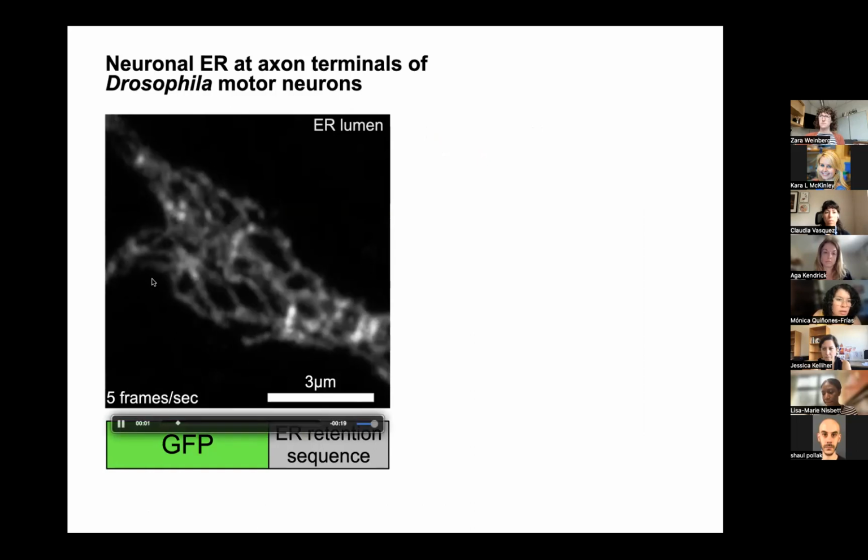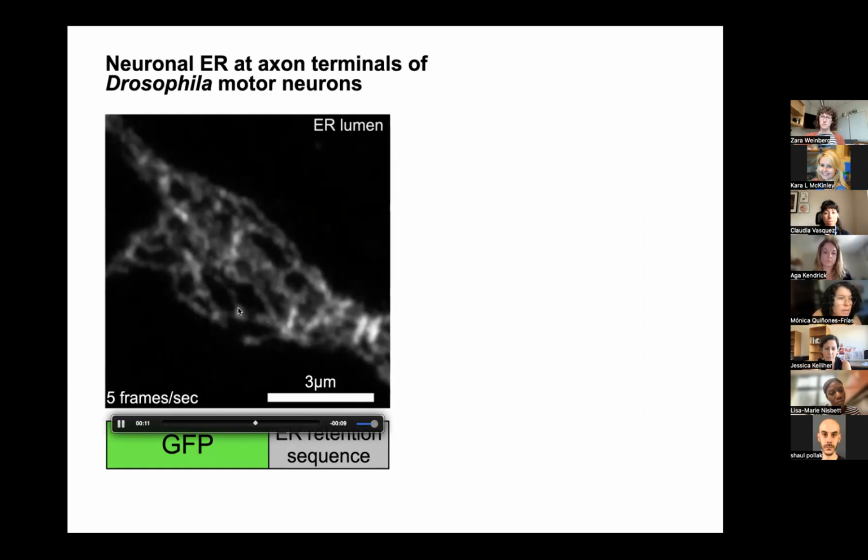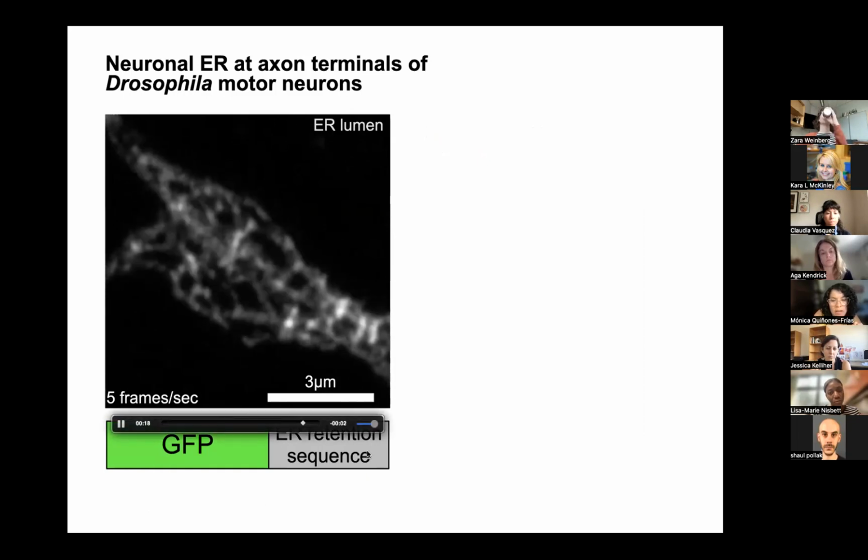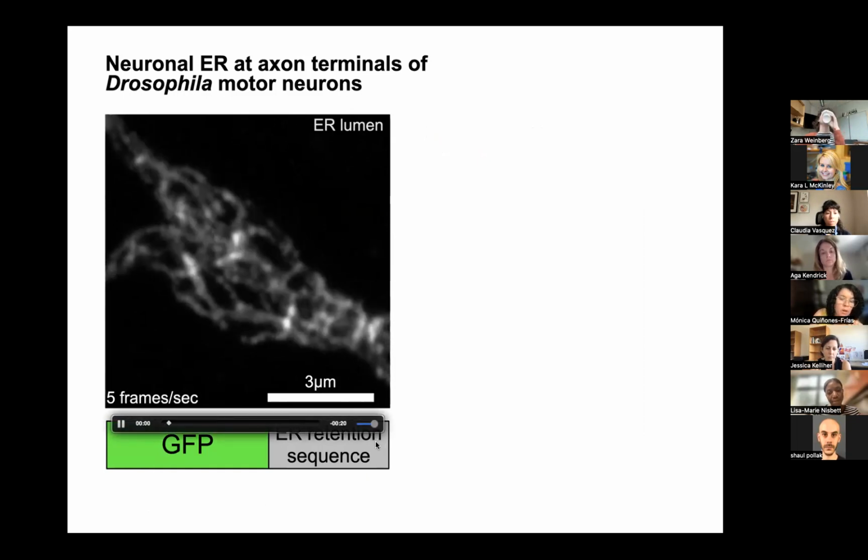When I started my postdoc, I developed tools and a protocol to visualize with area scan microscopy the live dynamics of ER at axon terminals in Drosophila motor neurons. To visualize neuronal ER, I expressed in neurons a GFP that has an ER retention sequence, and so it will label the lumen of the ER.